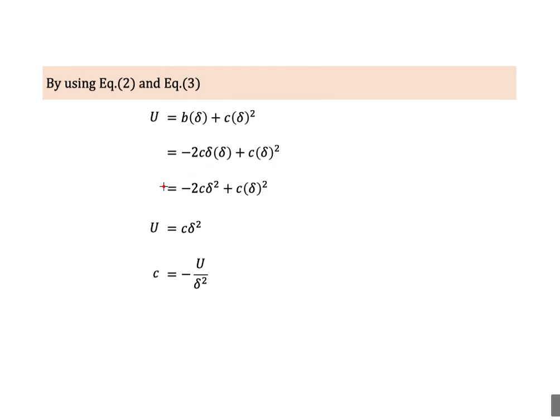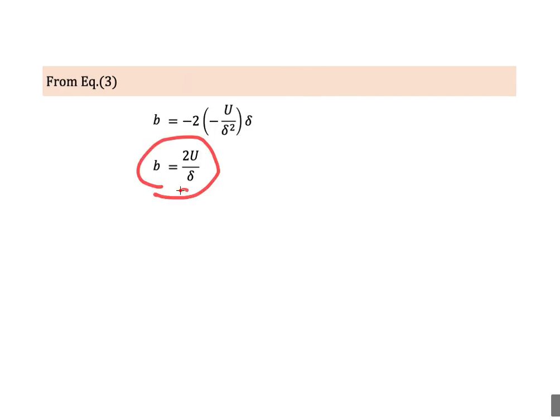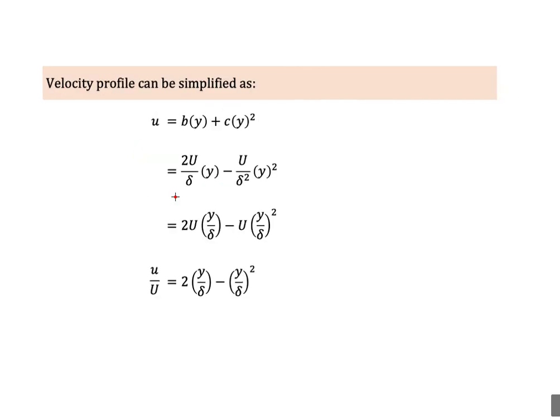Now we have the value of c and the value of b, and we can substitute into this equation and simplify it as u over U equal to 2y over delta minus y over delta squared. This is the velocity profile that we use in a laminar boundary layer for the second order polynomial.